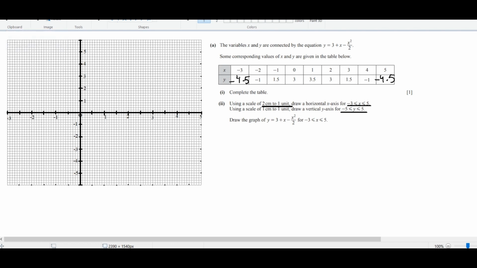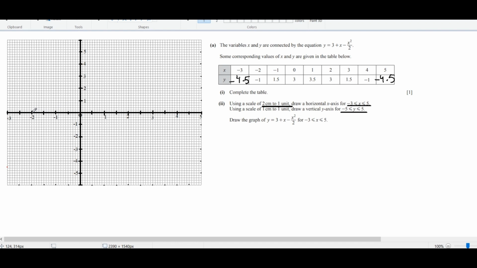Let me use a different color here so it's visible. Right, for -3 and -4.5, this is -3 on my x-axis and -4.5, so it should be between here. Right, okay. And then -2 and -1.